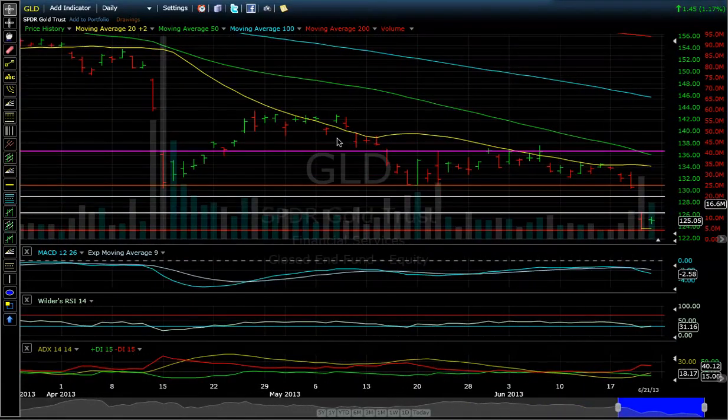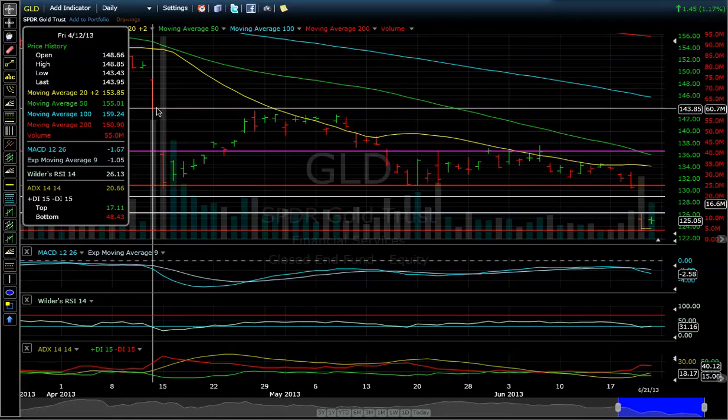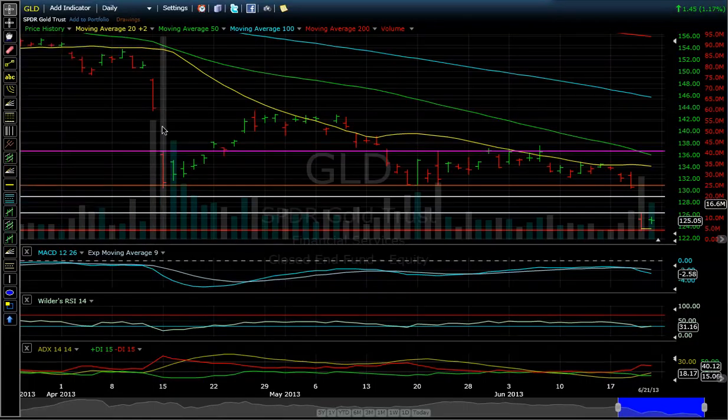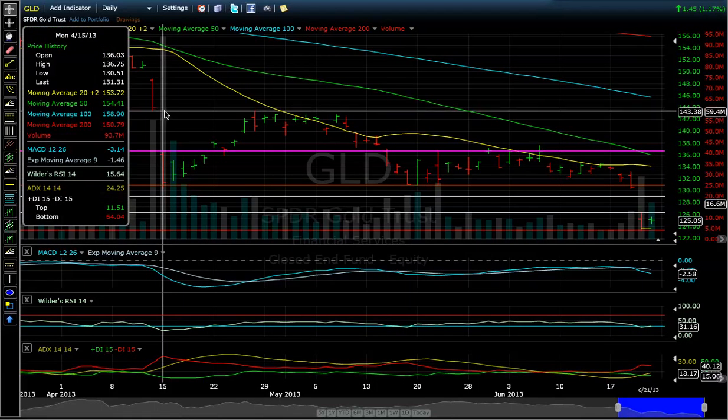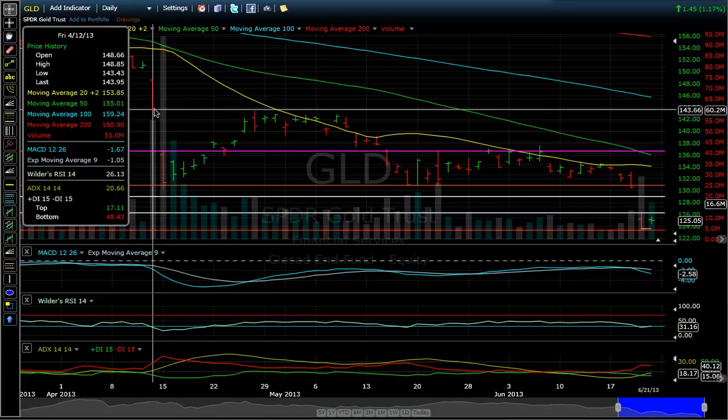As you see, look at the gap here. As a retracement up, it has the gap fill from the lows of this day. You want to know the low.